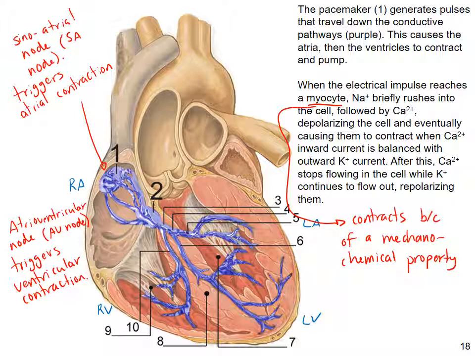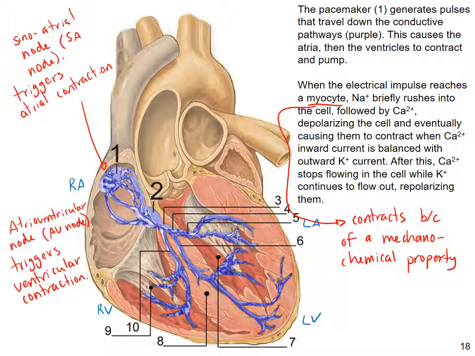we discussed with neurons, this electrical impulse will cause some state in the cell to change. Okay, it will change its electrical state. What happens is sodium will briefly rush into the cell. Then calcium will depolarize the cell, eventually causing it to contract when the calcium inward current is balanced with outward potassium current flow.